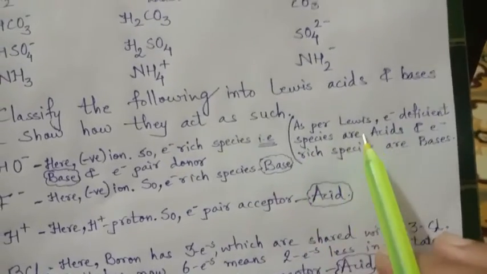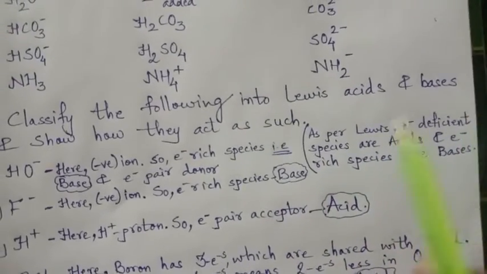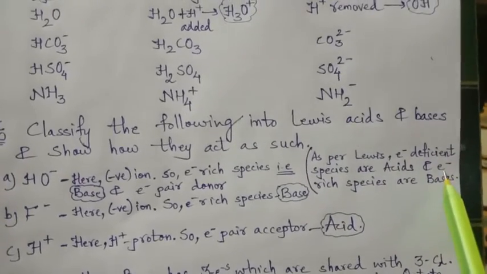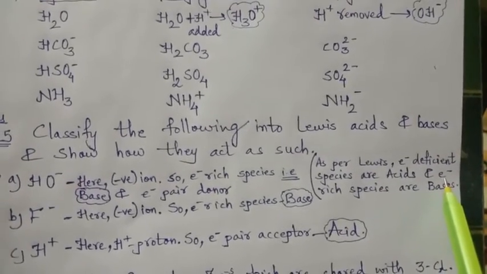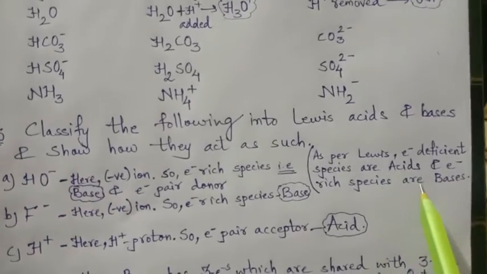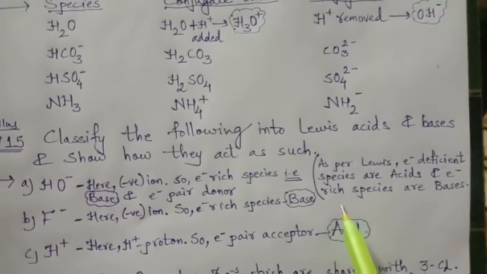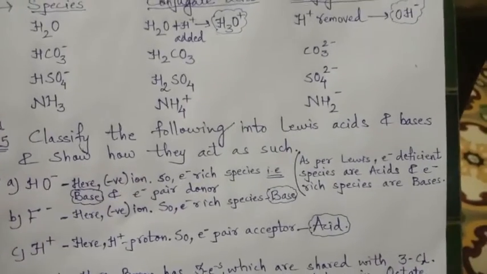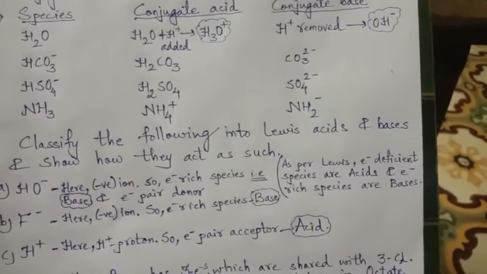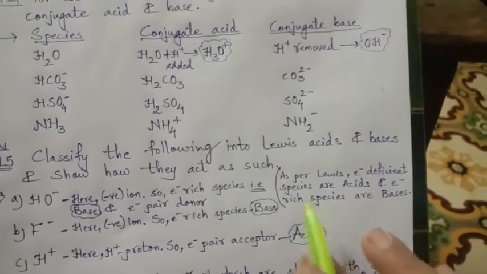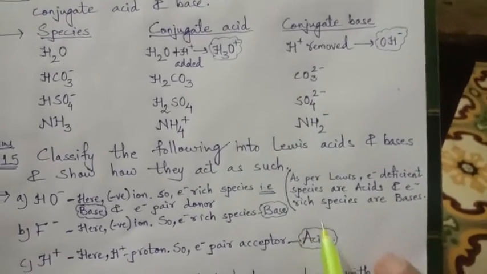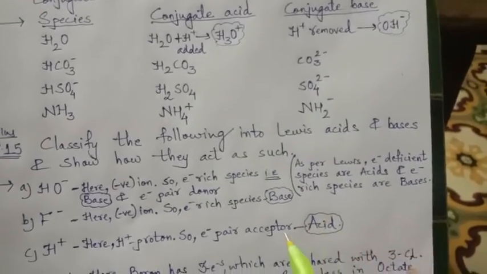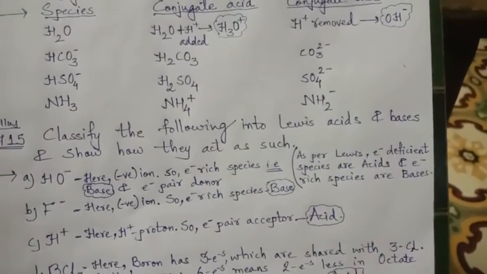As per Lewis, electron deficient species are acids, that means those which are ready to accept electrons. And electron rich species are bases, that means those having enough electrons in a controlled form.